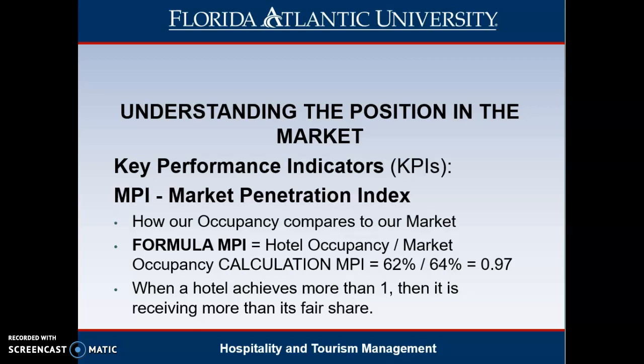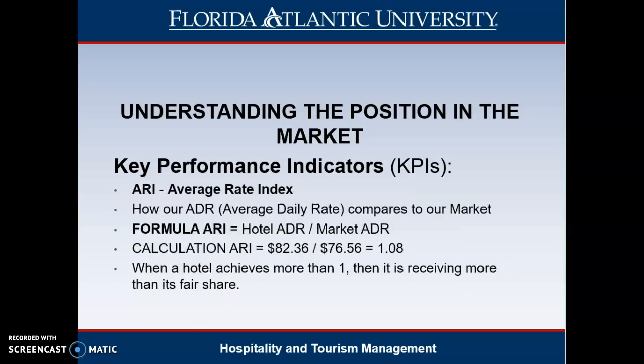But generally speaking, and you'll look at the formulas, less than 1 is not getting your fair share. 1 is exactly your fair share, and over 1 means you're doing better than your competitors in your comp set. When you figure out those percentages, you can see the math right there. 0.97, just a little bit under 1, so not quite as good as our competitors in the comp set. So the average rate, we do the exact same thing.